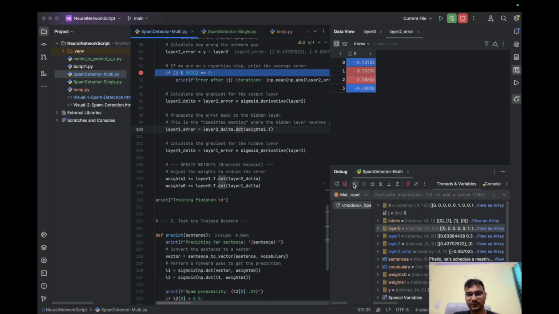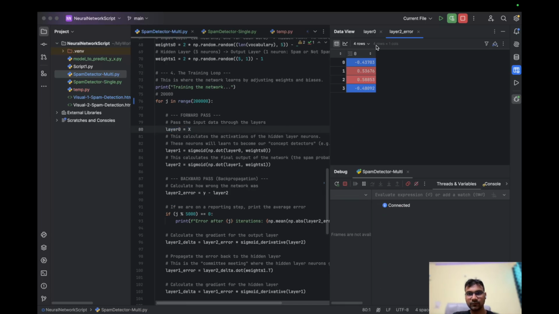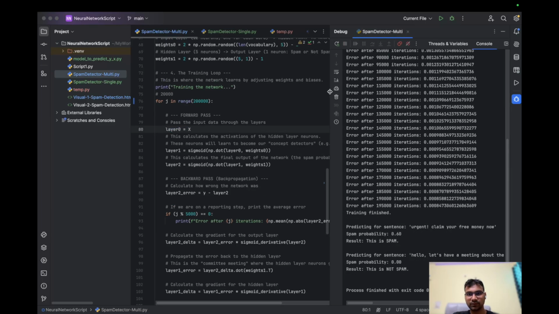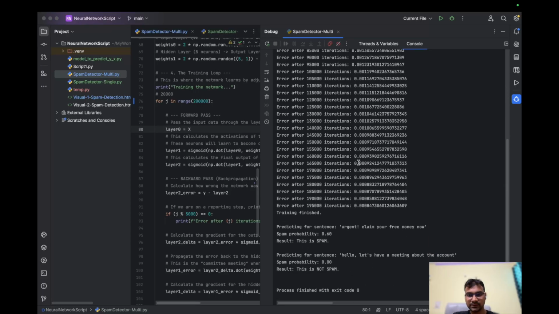Let's see how this one does. Let's remove this and close this as well. This is our final value. We can see that initially the error is 0.51. As we keep increasing the iterations, the network gets much more optimized and the error is fairly reduced.